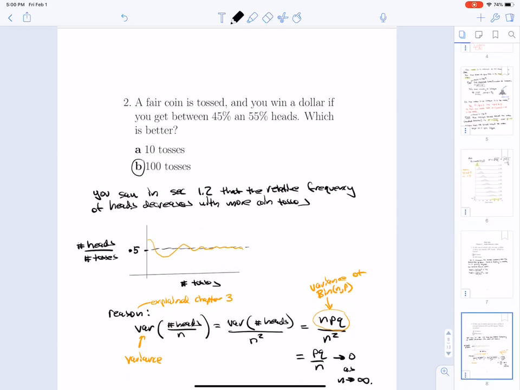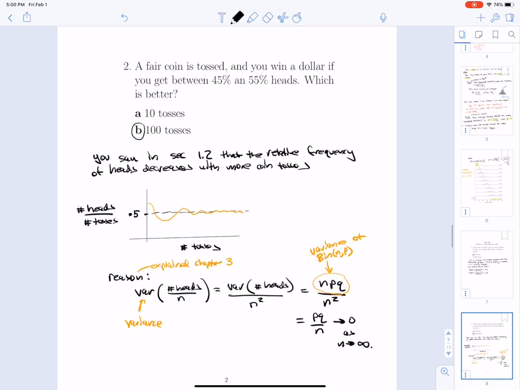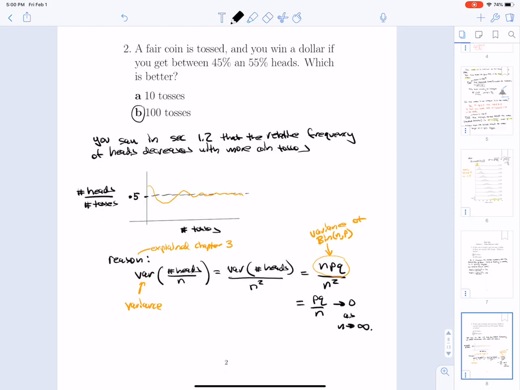Second question: a fair coin's tossed and you win $1 if you get between 45% and 55% heads. Which is better, 10 tosses or 100 tosses? This actually follows from the weak law of large numbers.